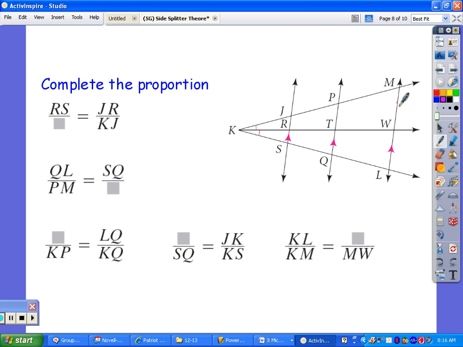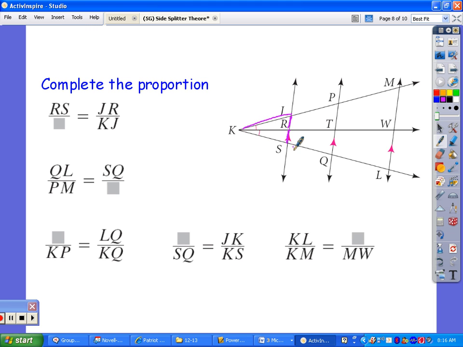So if we look at this, we have a triangle and we have 3 parallel lines. So we're going to use the side splitter theorem, or the angle bisector theorem, because we also have a triangle and this is an angle bisector. So if we look at it, we have RS over something is equal to JR over KJ.